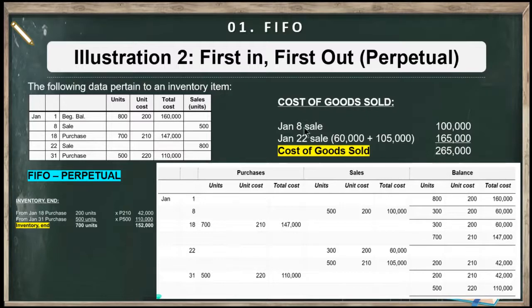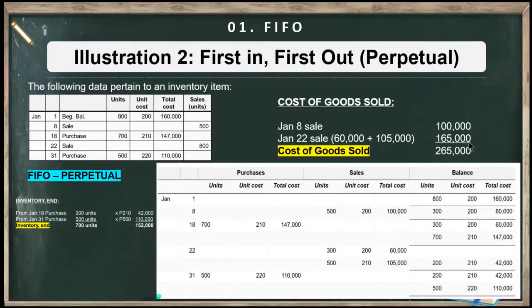Or you can trace the date, so that's from January 8th, that's 100,000. Coming from the January 22 sale, so that's coming from the 60. Then you have 105. Or again, pwede rin mong i-add na silang tulo. So that would be your cost of goods sold for perpetual inventory system.